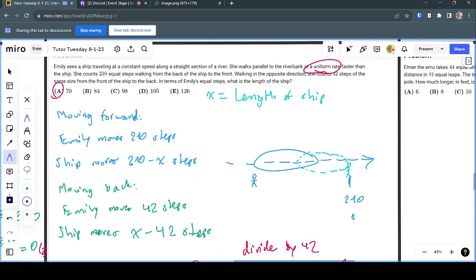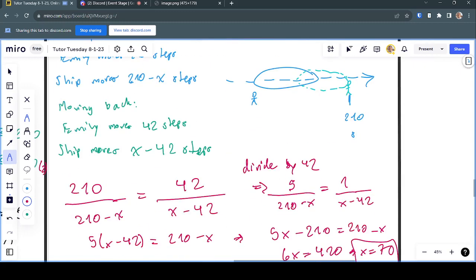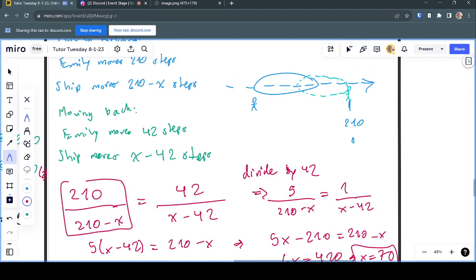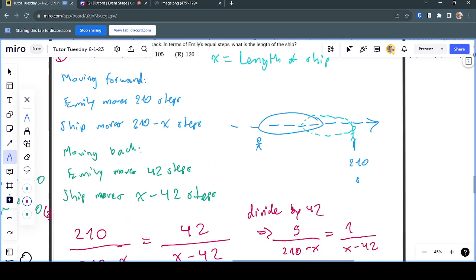If you think about this one, the rate at which she's walking and the ship is moving, they're both going at a constant speed or uniform rate. So if I can find the ratio of Emily to the ship moving forwards, that's the same as the ratio of Emily to the ship moving backwards.